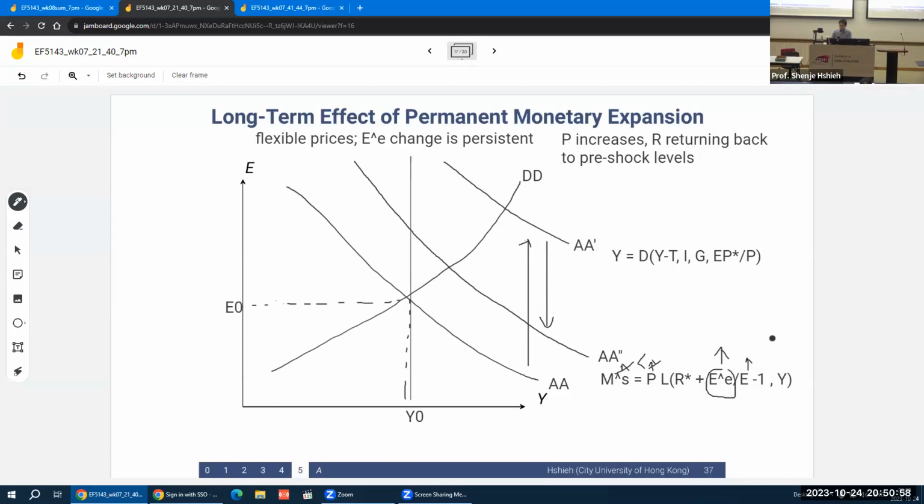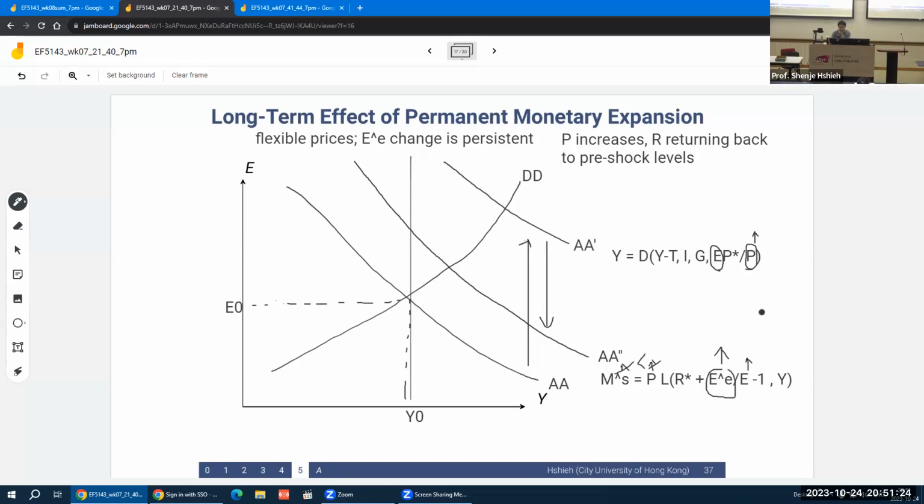But we have one additional problem, right? We have P also entering here, and we have E entering here. And so in the long run, we have prices increasing as much as MS, so that's higher.